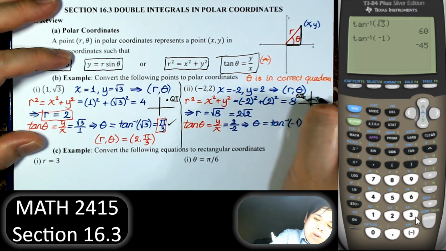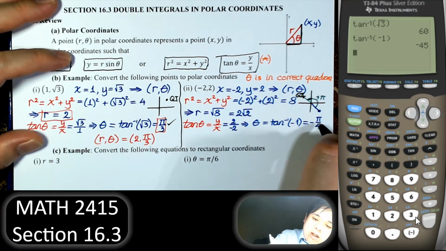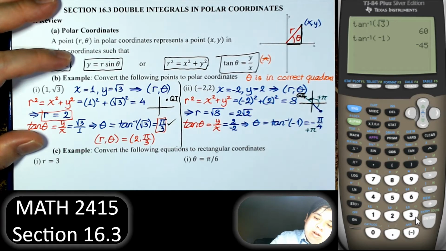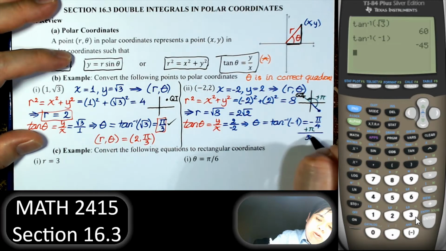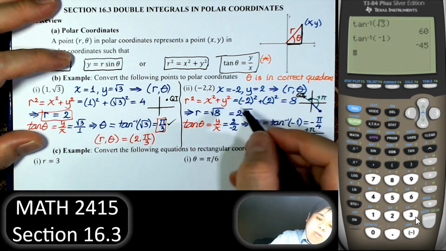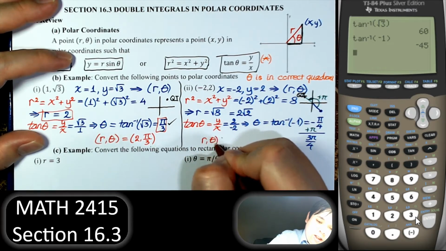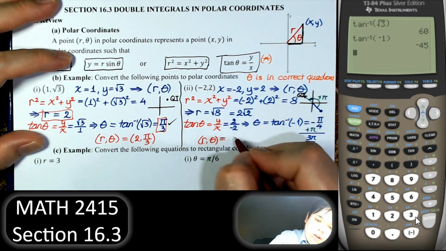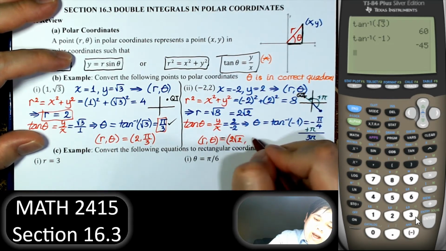So we're going to add pi to it, and that gives us 3 pi over 4. So the actual point will be r and theta, where r equals 2 square root of 2, and the angle 3 pi over 4.